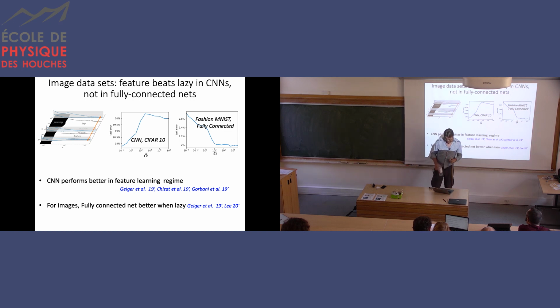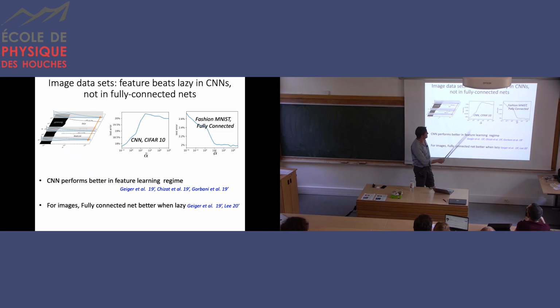So I'm surprised a little bit by the numbers, at least on the left. I would imagine that the gap between, say, a kernel method, which is lazy, and the feature-learning one could be much larger. Would be larger than just 2%. Yes, I think it's also because to get this plot, we don't look at a huge number of data.